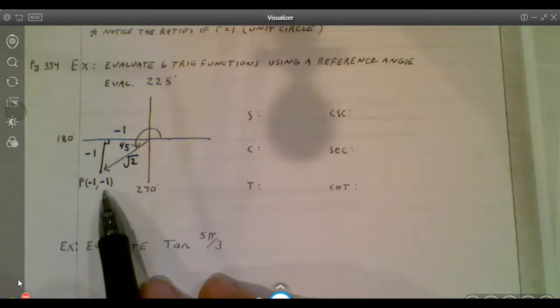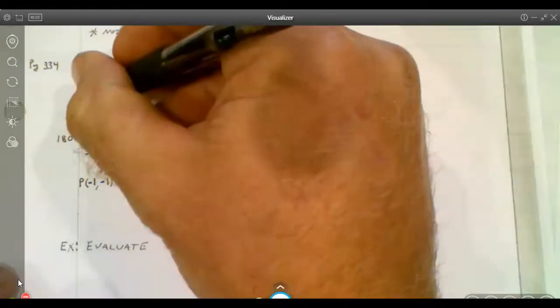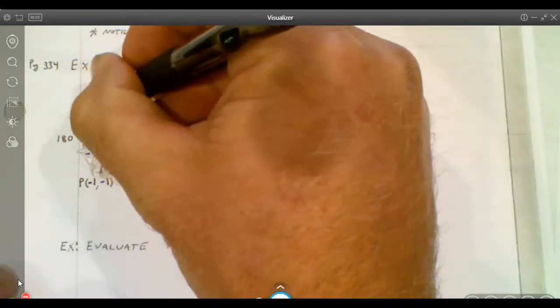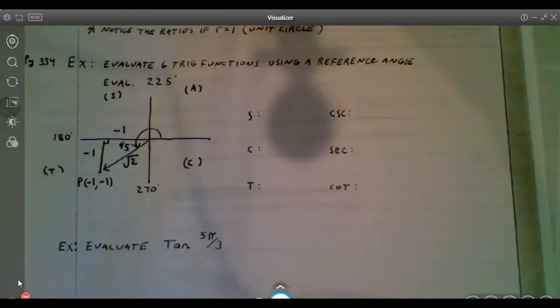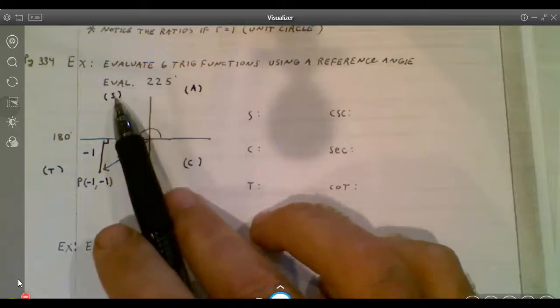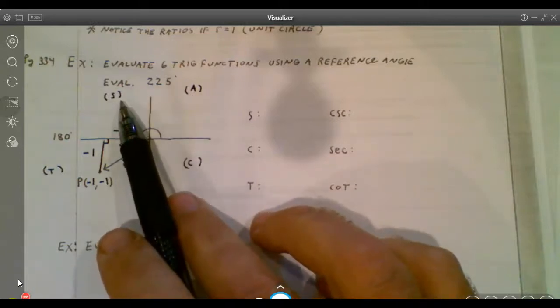So if you take that back to our All Students Take Calculus, just want to point this out. Remember the whole point of that is that it told us which functions are positive in those quadrants. They are all positive in quadrant 1. Your sines are positive in quadrant 2.